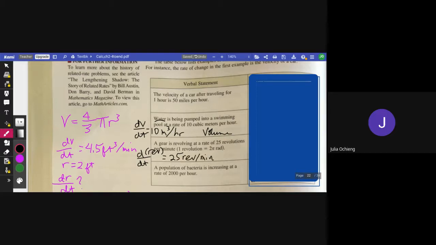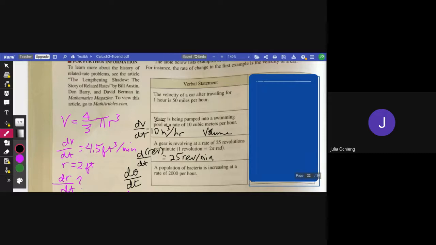Now, revolutions are usually measured in terms of angles. Although you shouldn't discount it, it may come up. Usually, as soon as you see the number of times something goes around and around, like a gear or a wheel, they're really asking for the change in terms of the angle of revolution. So as soon as you see the word revolution, you should think angle.